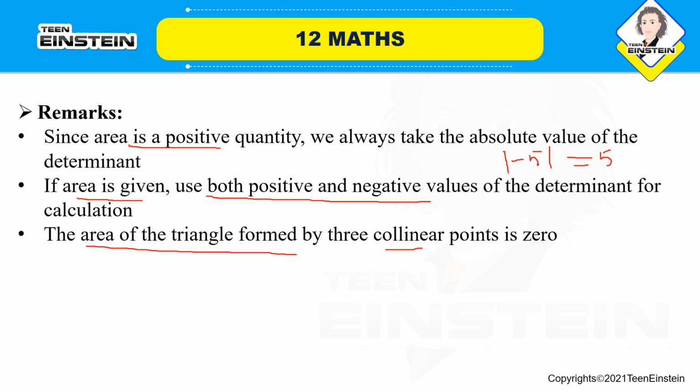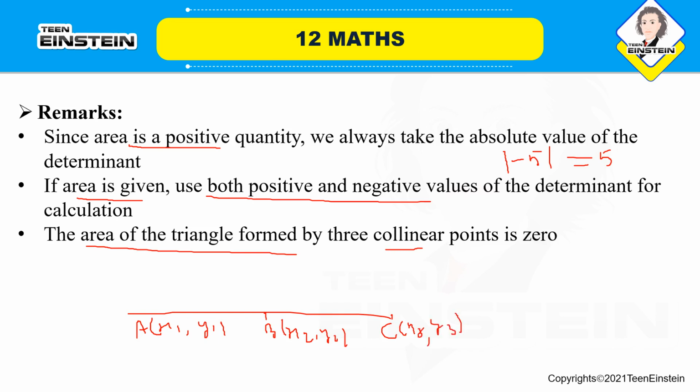That means three vertices will lie on the same line. For example, suppose the first vertex is A of x1 y1, the second vertex is B of x2 y2, and the third vertex is C of x3 y3.